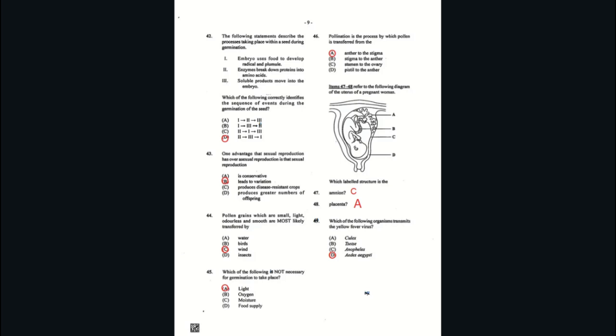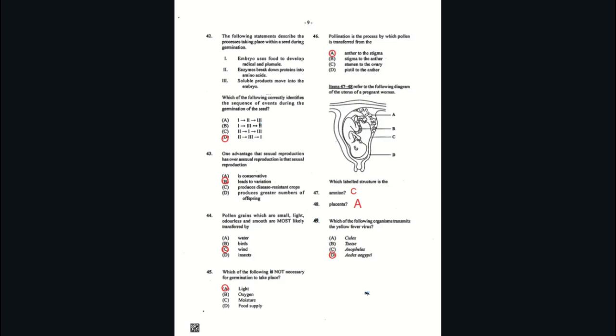So anyways, let us get started with question number 42. It says the following statements describe the processes taking place within a seed during germination. 1 says embryo uses food to develop radicle and plumule. 2 says enzymes break down proteins into amino acids. 3 says soluble products move into the embryo.